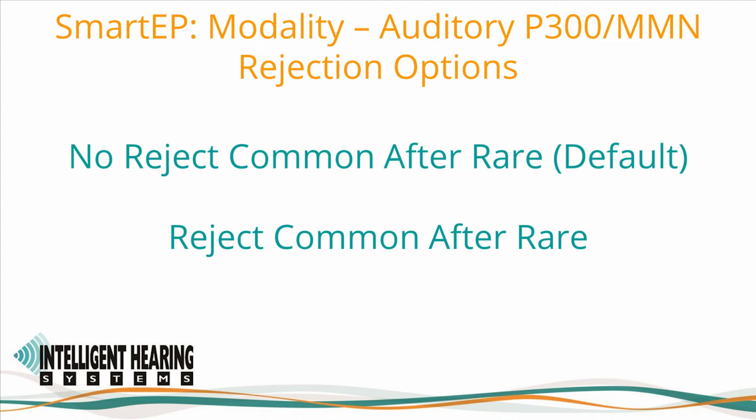But we do offer our customers the option not to reject the common after the rare if their research calls for this. In versions prior to 5.53, this would require a renaming of the DSP out files. You can contact our support team for guidance. In version 5.53 or higher, you can choose whether to reject the common after the rare or not directly from the P300 setup screen.